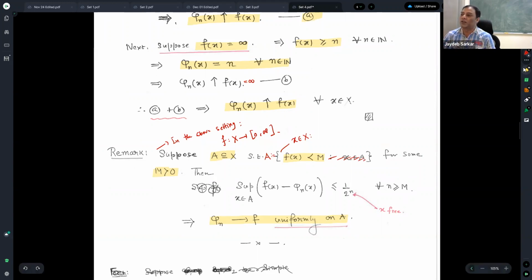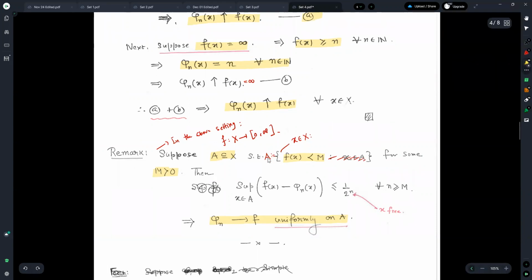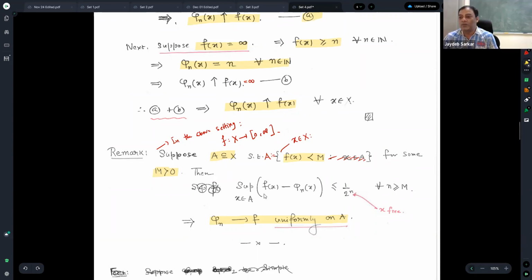If that is how you construct A, then on that particular A you can actually say a little more, because in that case f(x) minus phi_n(x) will be at most 1 over 2 to the power n for all n larger than or equal to m. And in that case your right hand side will be x-free.